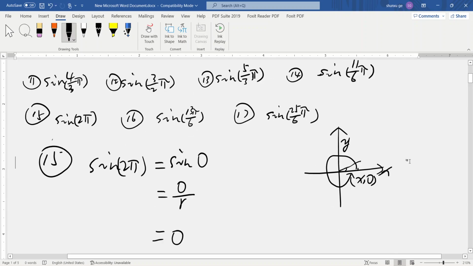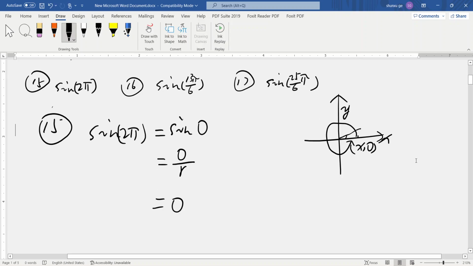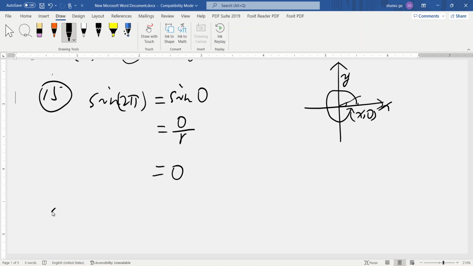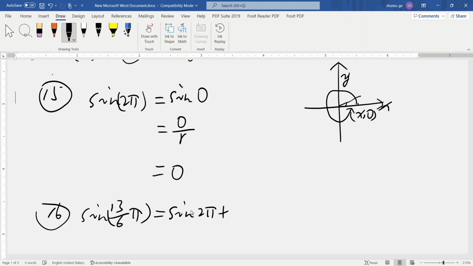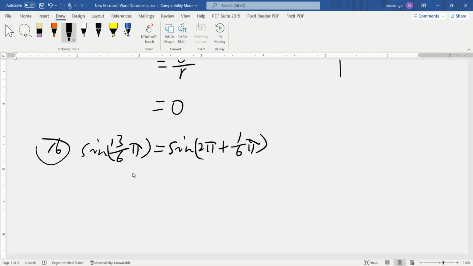Okay, question 16. Sin 13 pi over 6. So equal sin 2 pi plus 1 over 6 pi. So here, the angle is here.